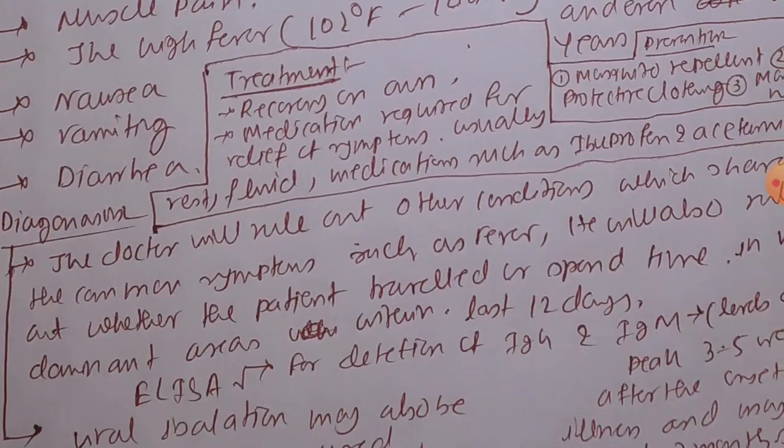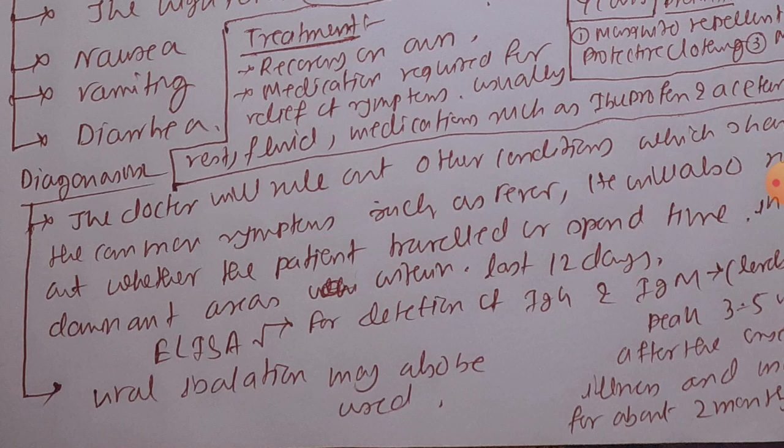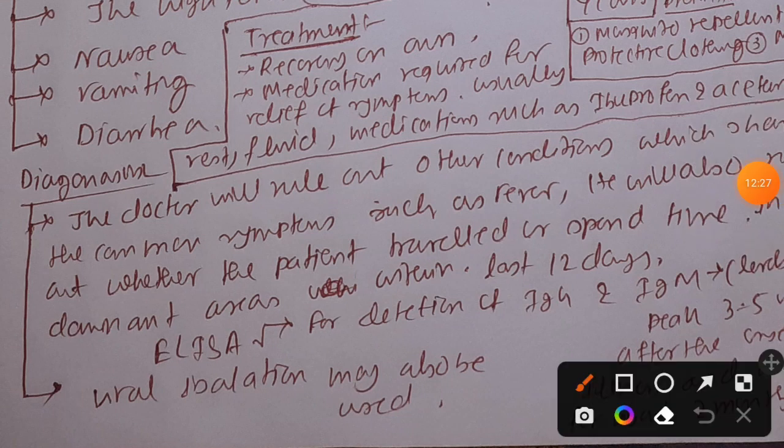For diagnosis, the first goal of the doctor is to rule out all the common symptoms and to find out whether the patient has traveled or spent some time in areas where the virus is predominant. Then he will find the presence of IgG or IgM antibodies against the chikungunya virus with the help of ELISA, or viral isolation may also be done.